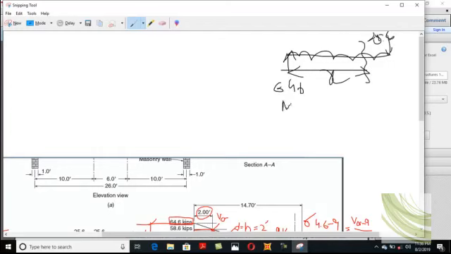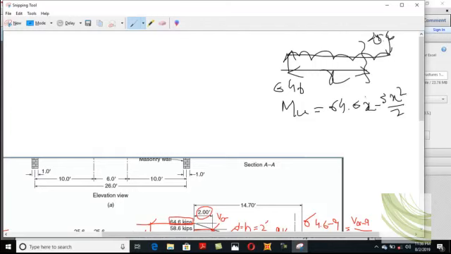So if you write the moment equation, 64.6 multiplied by x minus 3 x squared divided by 2. This is the moment equation for this x.